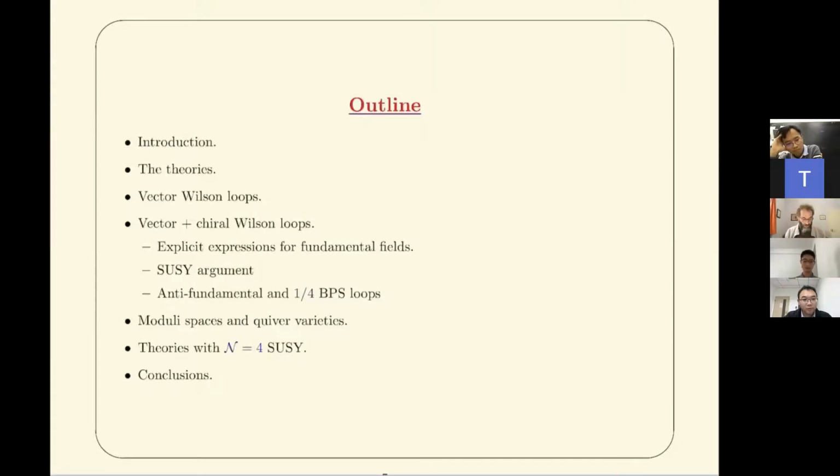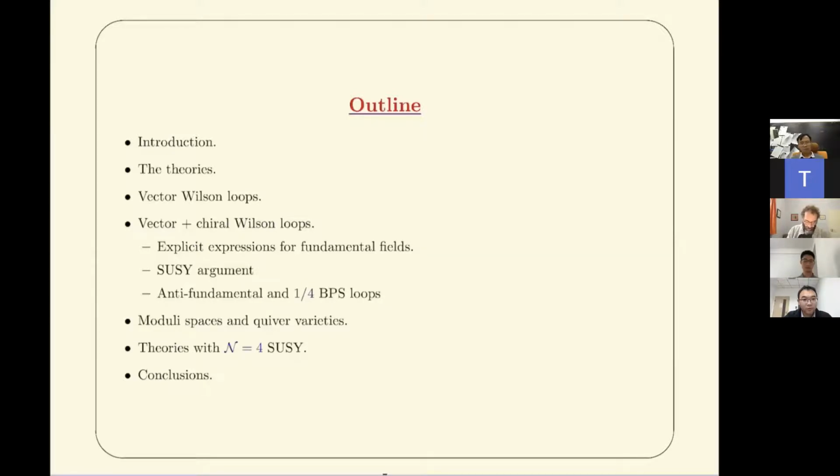So I gave you the introduction. I will now describe the theories that I want to study. And then I will describe the type of Wilson loops, those that involve just the vector multiplets and those that couple to chiral fields. I'll try to be as explicit as possible, but not really overload you with technical details.